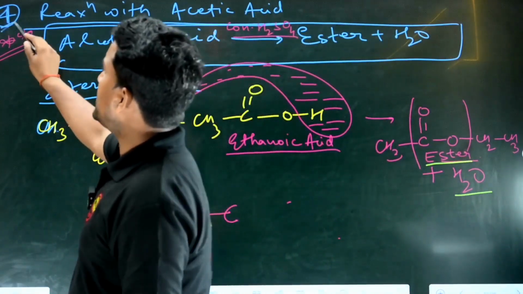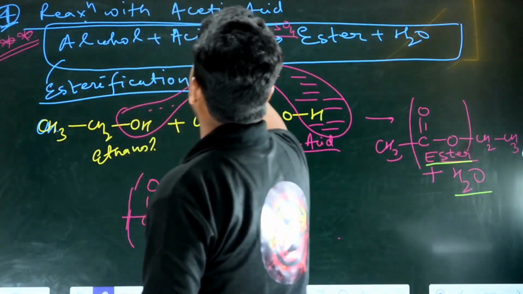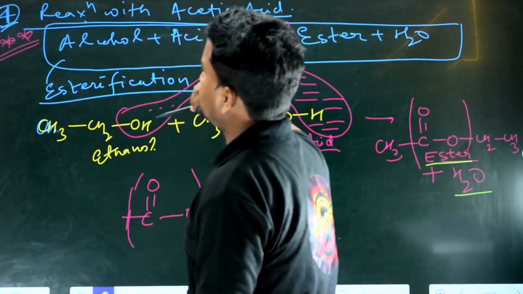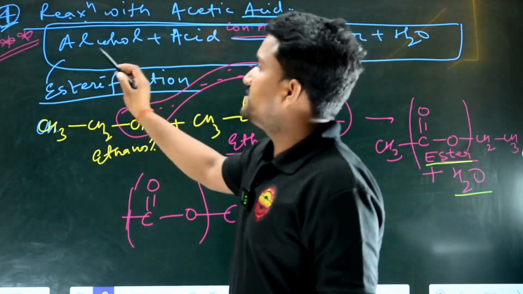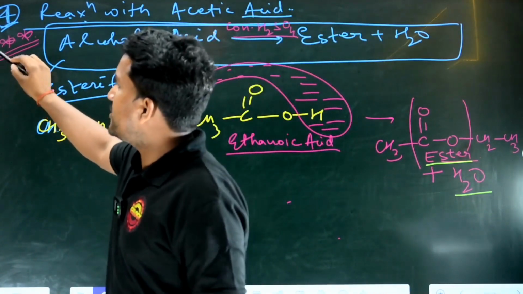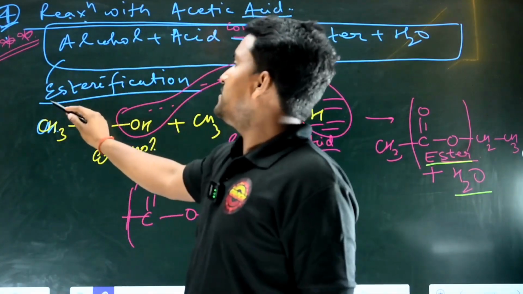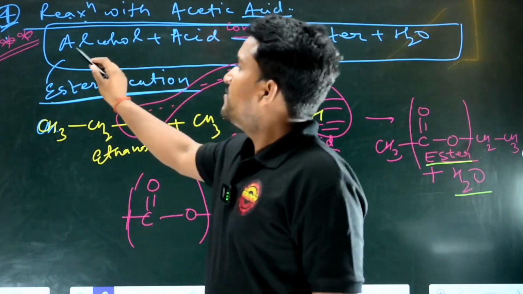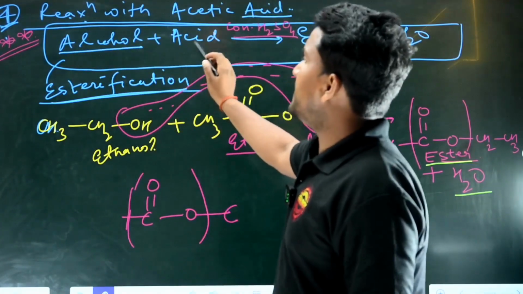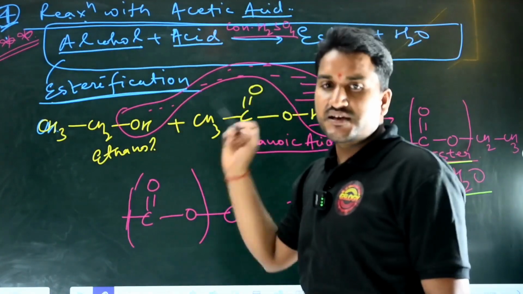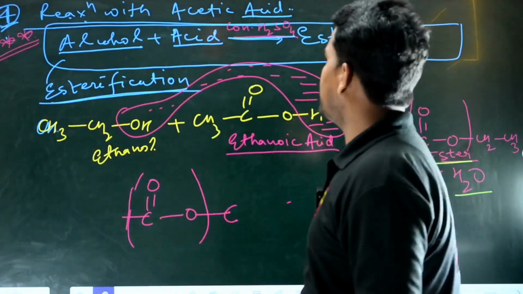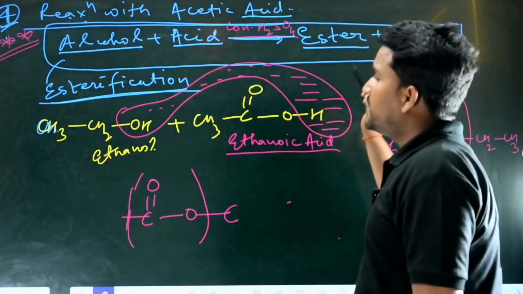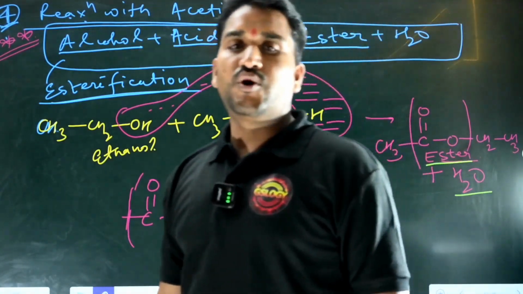The next topic is the reaction with acetic acid. This is a most important reaction, called esterification. When alcohol reacts with acid in the presence of concentrated H2SO4, it will form ester and water.